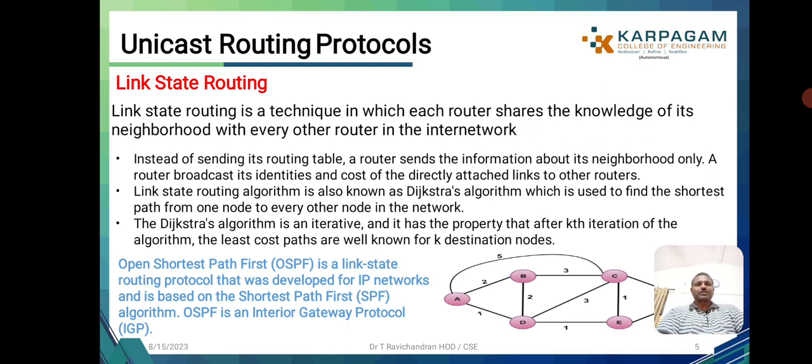A router broadcasts its identity and the cost of its directly attached links to the other routers. The link state routing algorithm is also known as Dijkstra's algorithm, which is used for finding the shortest path from one node to every other node in the network.